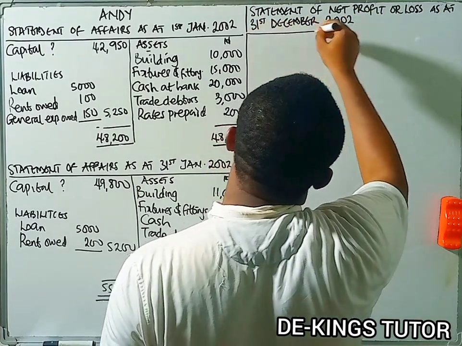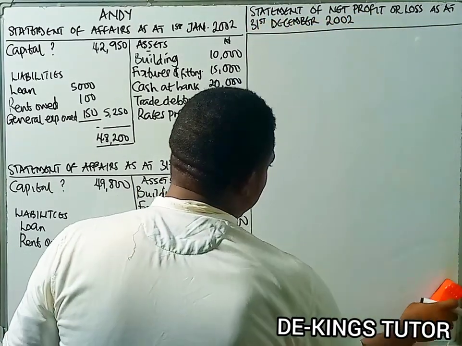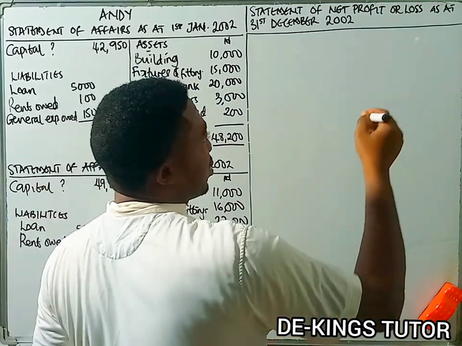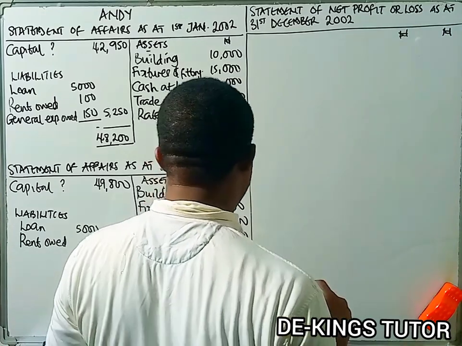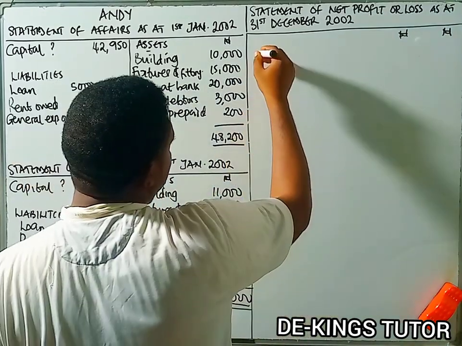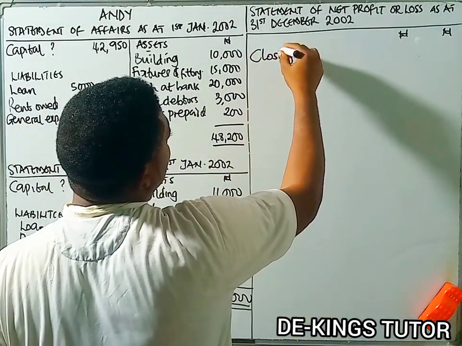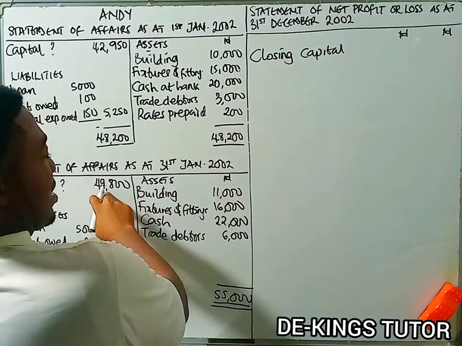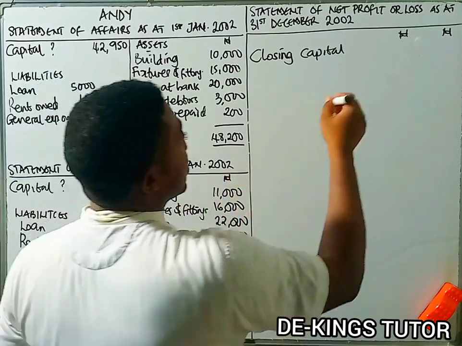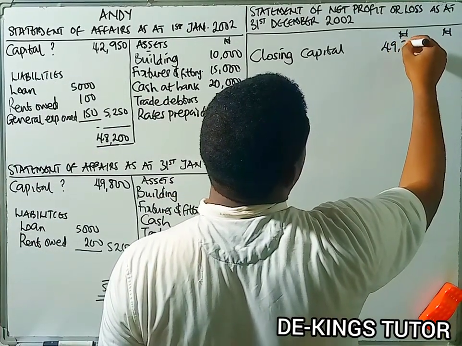Okay. So now we have a format for this. I've also given the format in the full video. Please watch that. So we're going to start with our closing capital. So we have closing capital. What's the closing capital? The one at the end, 49,800. Okay. So we'll have 49,800.